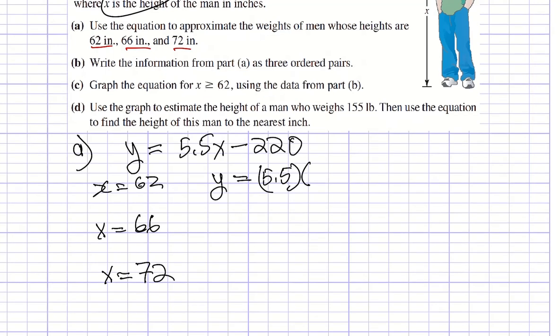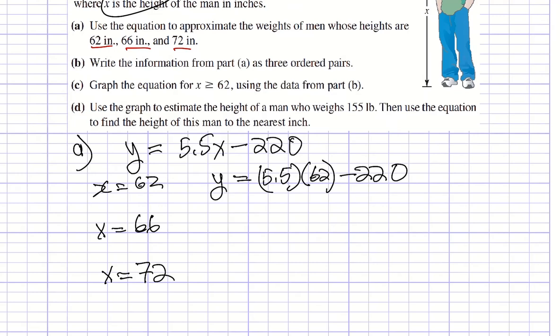Yes, it's given: 62 minus 220. That's all. So you simplify that. That's all that thing is asking you to do. It's asking you to put the value of x and solve for y. That's all.